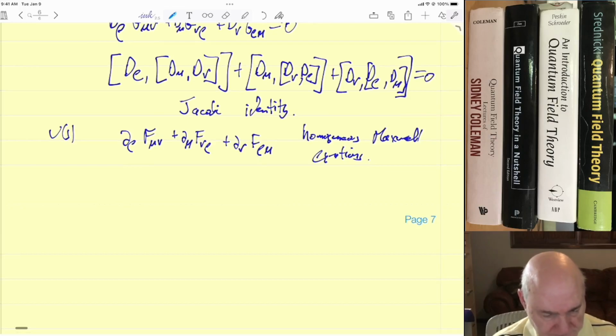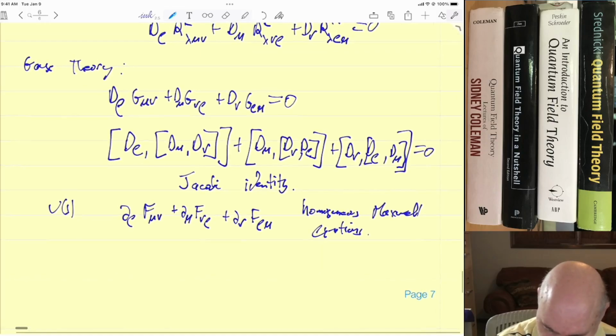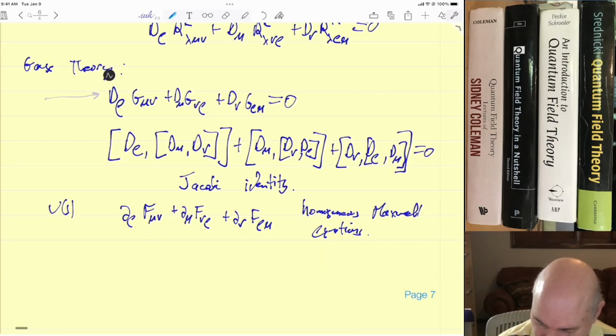For non-abelian gauge theories, we have this, which is a lot more complicated.